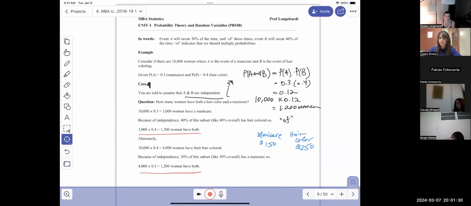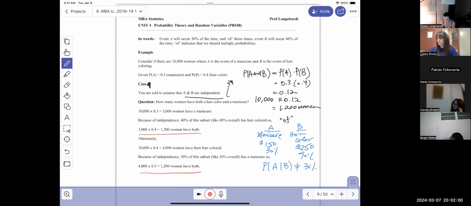Once you have your hair color, you're not going to get a manicure, or the chance of getting a manicure changes. So if it started at 30% and 40%, the chance of A given B is not equal to 30%.